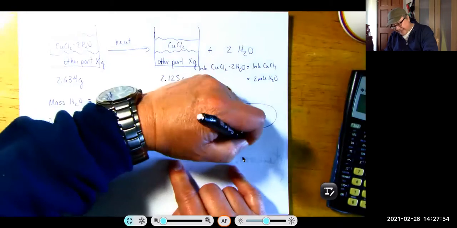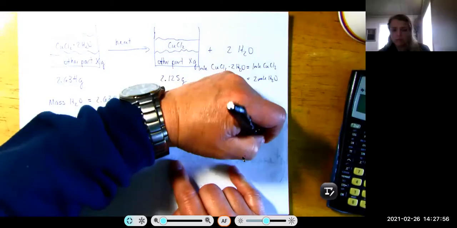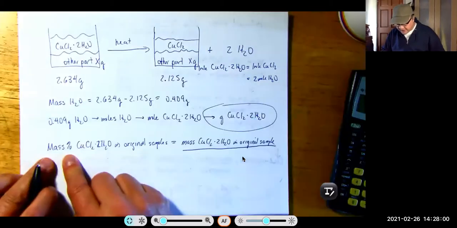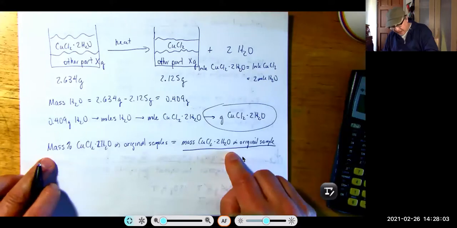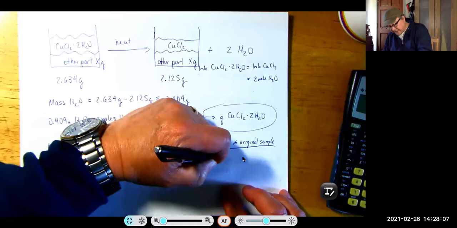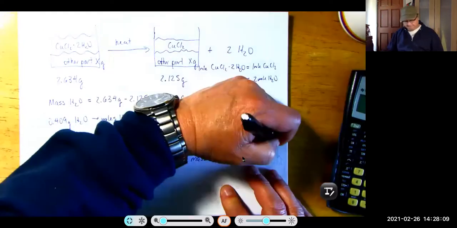Sounds like I'm saying the same thing again, but I'm not. I'm saying the mass percent is equal to the mass divided by the mass of the sample times 100%.